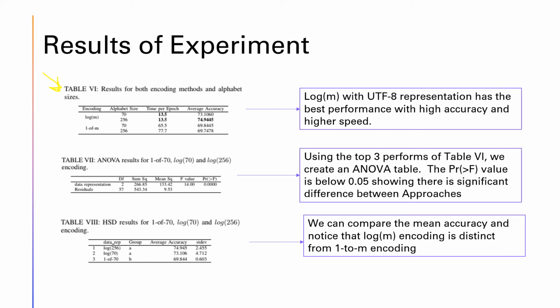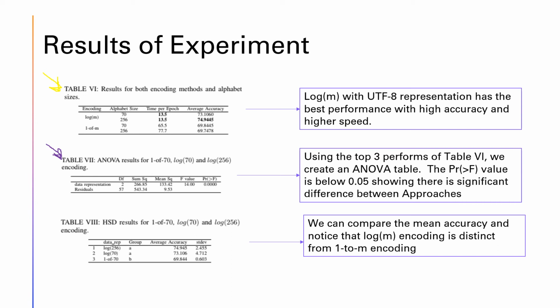So, yeah, there's that. We look at the average accuracy, and the log M method is more accurate than the 1 of M encoding method. So how can we prove that this is statistically significant? Well, with none other than the beloved ANOVA table. Just because the results show that one is more accurate or faster doesn't mean that it's significant enough.